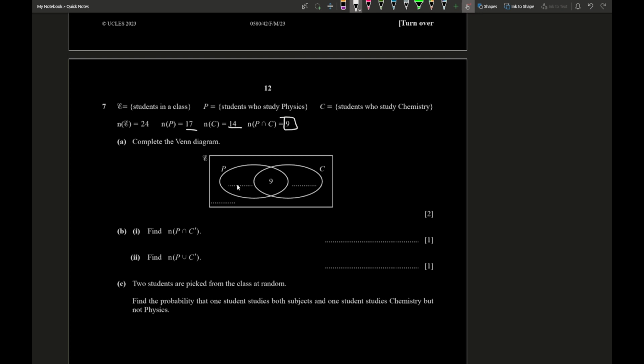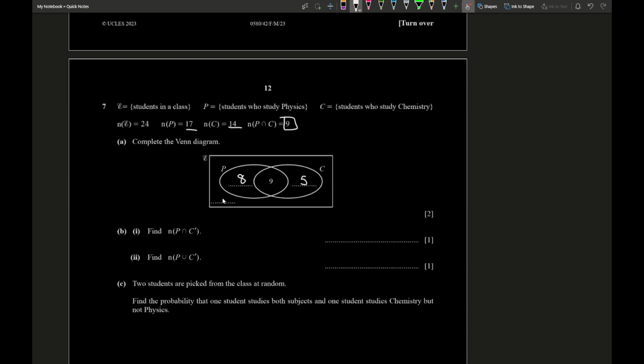So the students who study physics are 17, and to find the students who only study physics, we'll have to subtract 9 from 17. So 17 minus 9 is 8. We'll do the same thing with chemistry. The students who only study chemistry is equal to 14 minus 9, which is equal to 5. So the students who study only physics is 8, and the students who only study chemistry is 5.